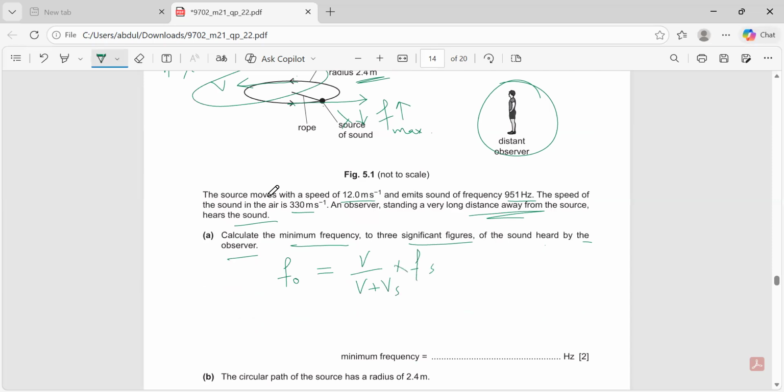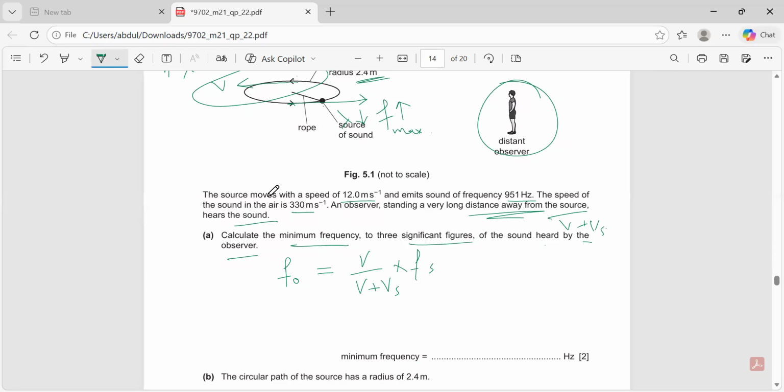So moving away, the denominator is added, velocities are added. Moving towards, the same formula but v over v minus vs. If it was moving towards, then it was the opposite.